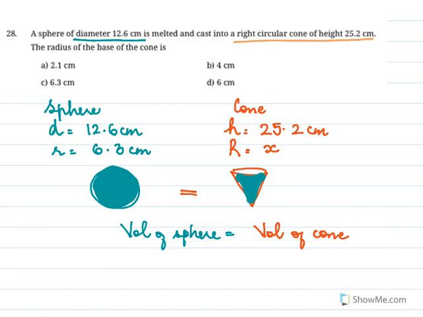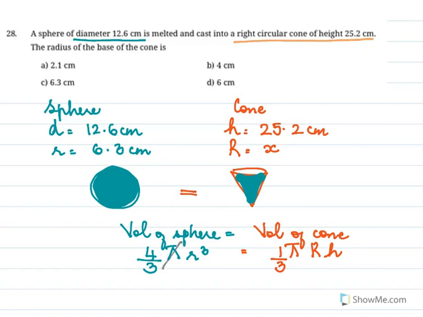So the volume will be the same. So we go and substitute now. Volume of sphere is 4 by 3 pi r cube, and this is equal to volume of cone, 1 by 3 pi R square h. We will put a capital R, a different R, h. And now we work out.